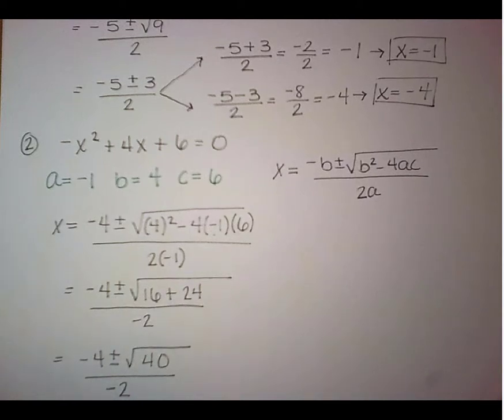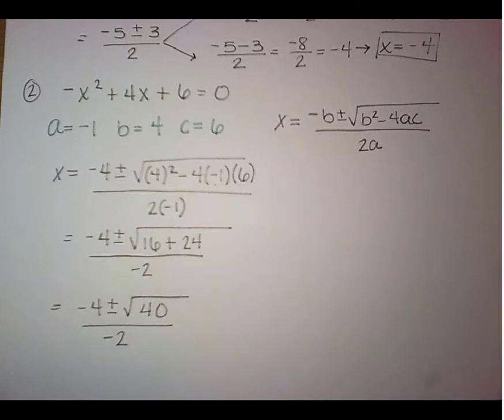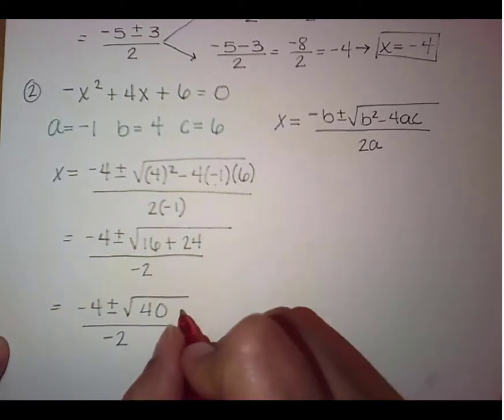Now here's where the first problem and this one are going to deviate from each other. On the first problem, we had a square root of 9, which we could take. That was 3. But we can't take the square root of 40. So all we can do is reduce it down like we were doing with our square roots earlier. So what we want to do is break it apart.